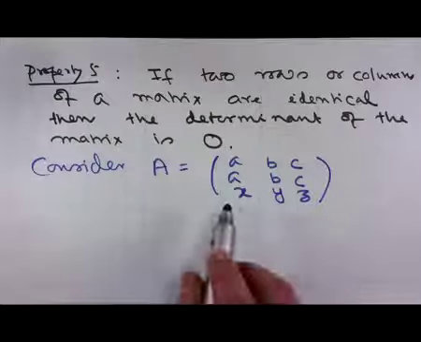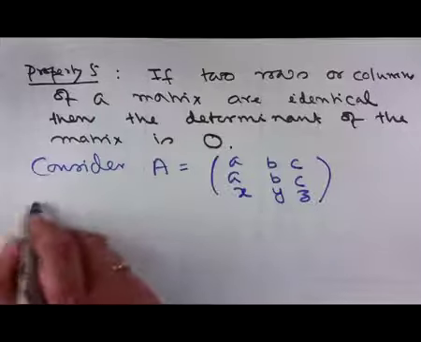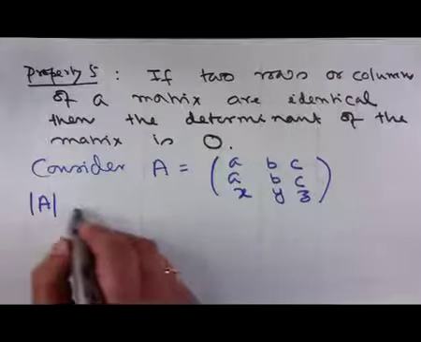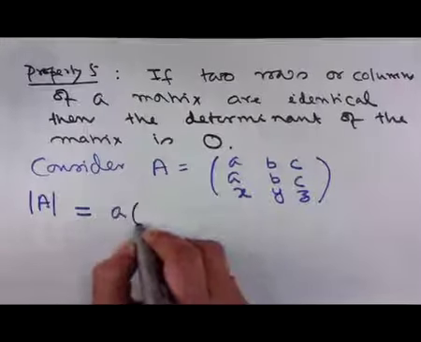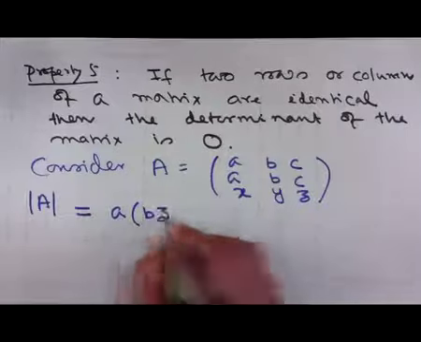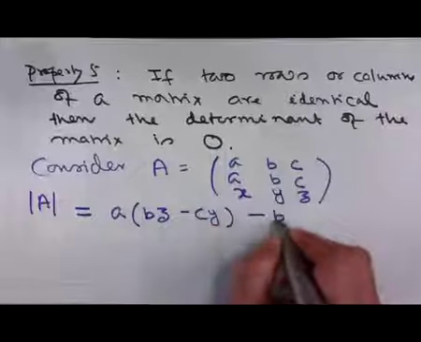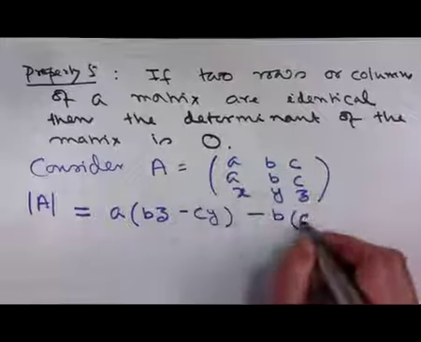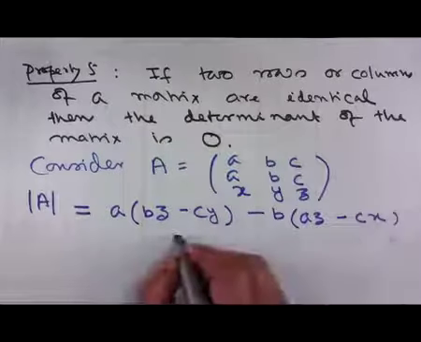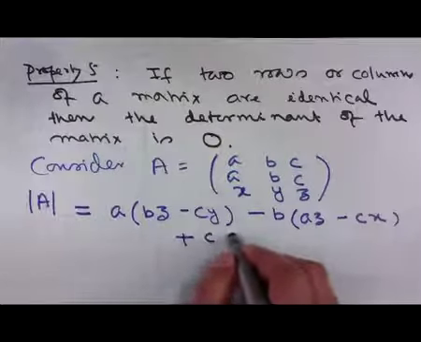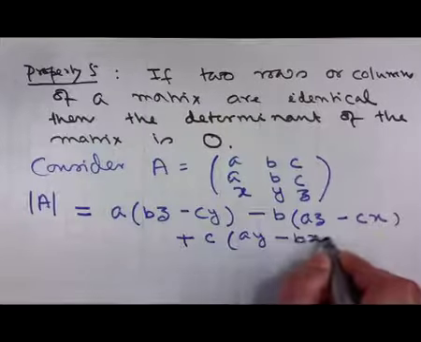We will show that its determinant is 0. Let us expand it along the first row. Therefore, it is going to be A into B z minus C y, minus B into A z minus C x, plus C into A y minus B x.